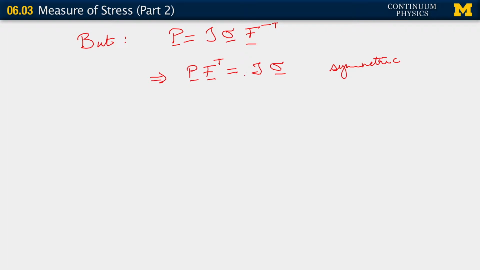Recognizing this, and because, as we will see, this quantity often shows up when we have integral forms of our relations, this quantity is denoted as tau, and it's called the Kirchhoff stress. Clearly tau equals tau transpose.